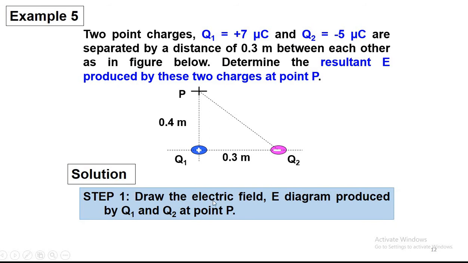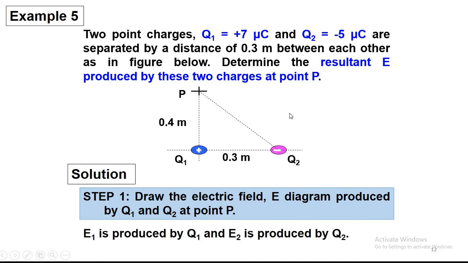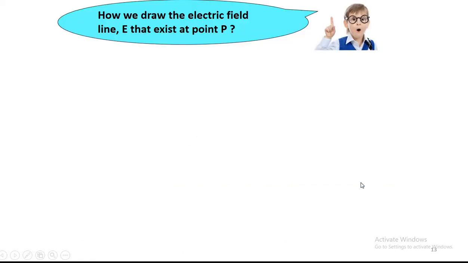Draw the electric field E diagram produced by Q1 and Q2 at point P here. E1 is produced by Q1 and then E2 is produced by Q2.